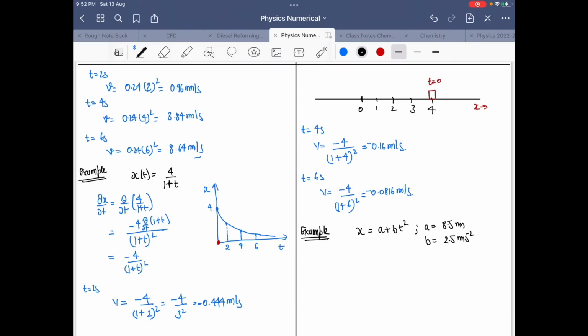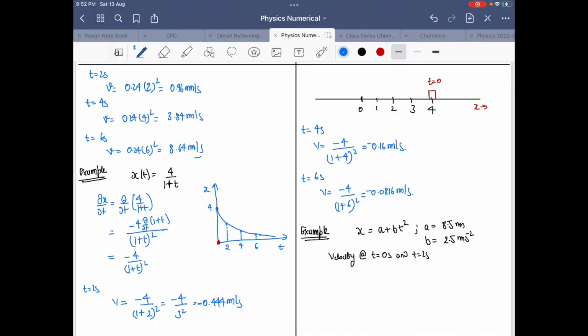And what is asked? Find the velocity at t equal to 0 seconds and t equal to 2 seconds.